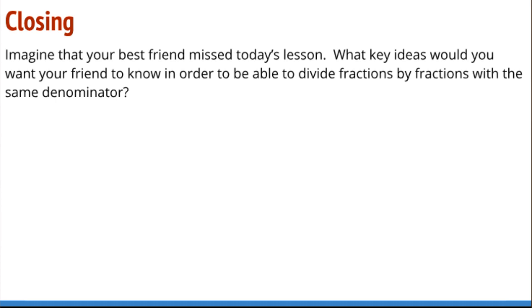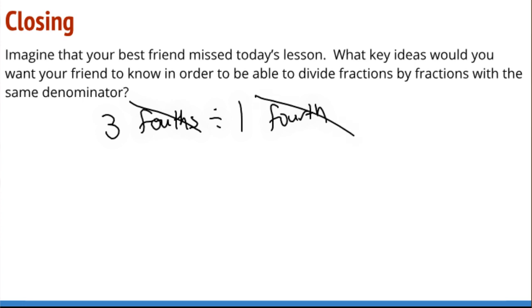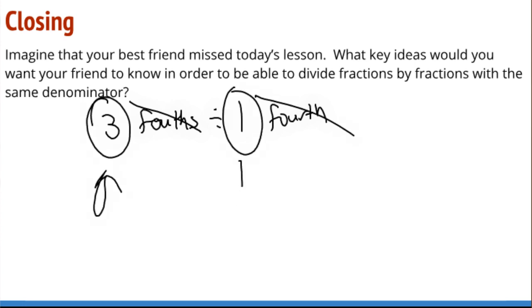Probably, if I were a 6th grader trying to boil this down to the simplest thing, writing it in unit form helps me see that I am going to have a dividend and a divisor. Dividend, divisor, and 3 divided by 1 will give me 3.